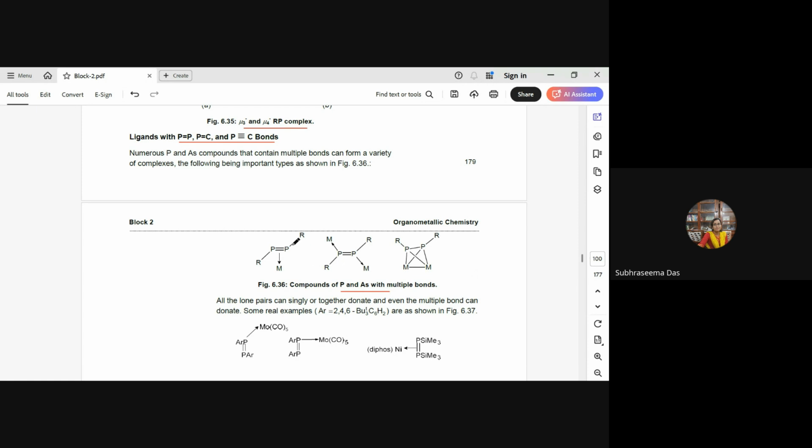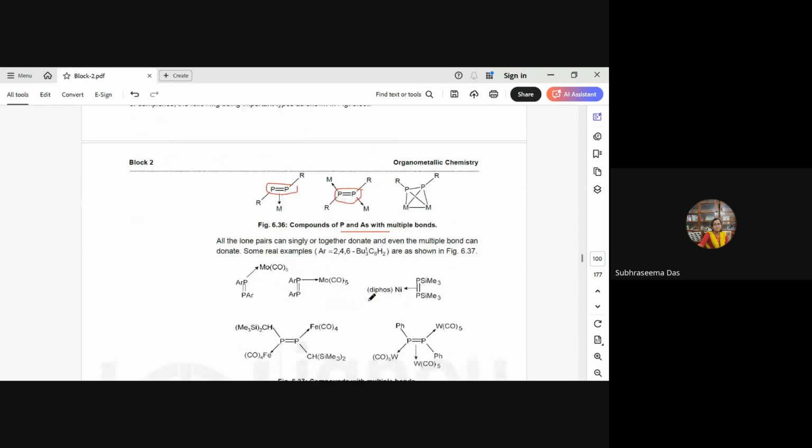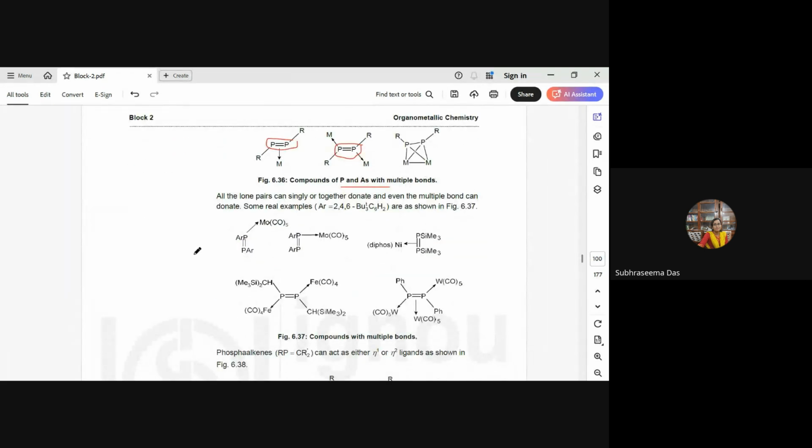You can see this is a P=P bond, and here is also a P=P bond, and in these cases the P2 is coordinated to the metal in different ways. All the lone pairs can donate singly or together, and even the multiple bond can donate.